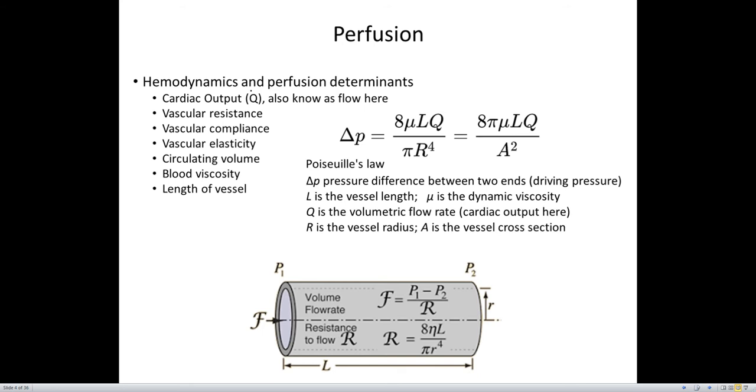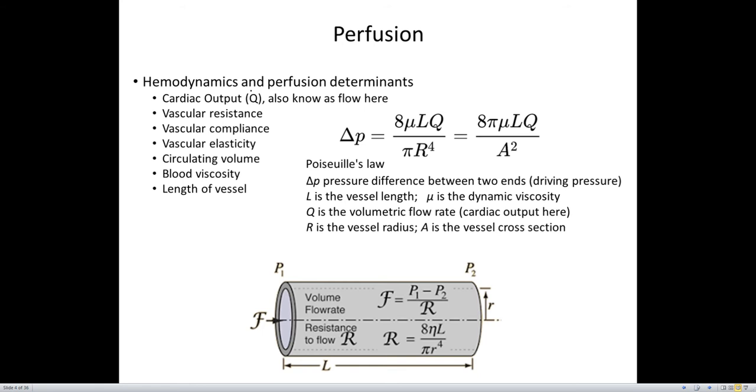We can also call this difference in pressure driving pressure. The length of the vessel is represented as L in this equation. The mu is representing dynamic viscosity of the blood, or in any situation of fluid. The Q is representing flow, and in this situation we'll call it cardiac output, or we could also call it perfusion, given that perfusion is actually a flow rate through the capillaries. R is the vessel radius, and A is the vessel cross-section.